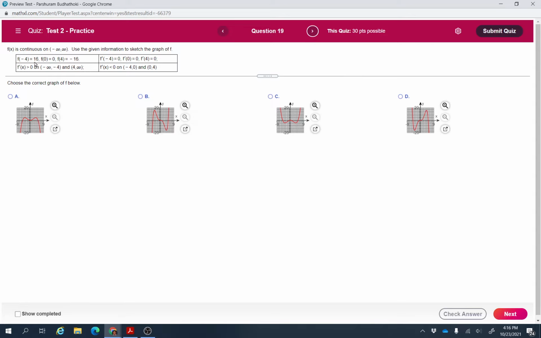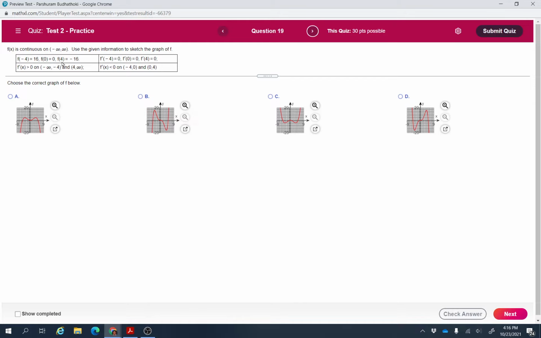Okay, so look at the table and find which one is the right graph. This is not a very difficult problem. Just look at the value of the function, and it will help you reduce your choices. For example, the value of the function at -4 is 16, so positive 16, at 0 is 0, and at +4 is -16.